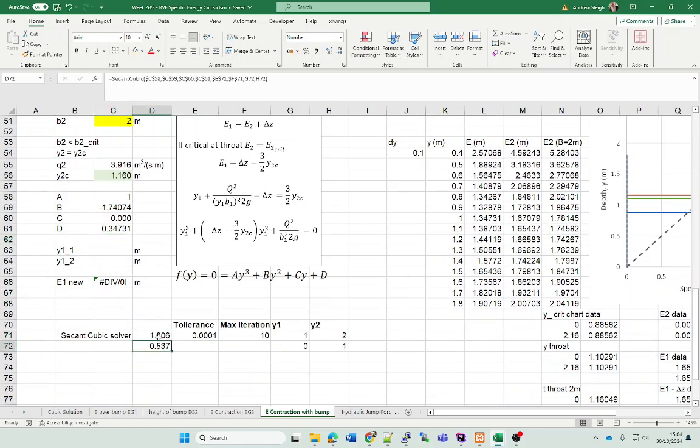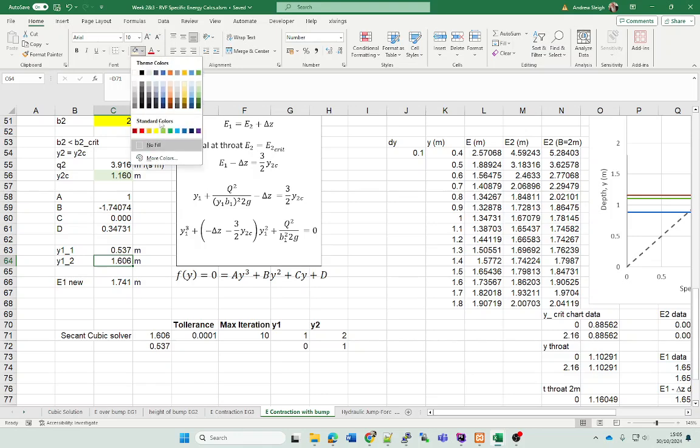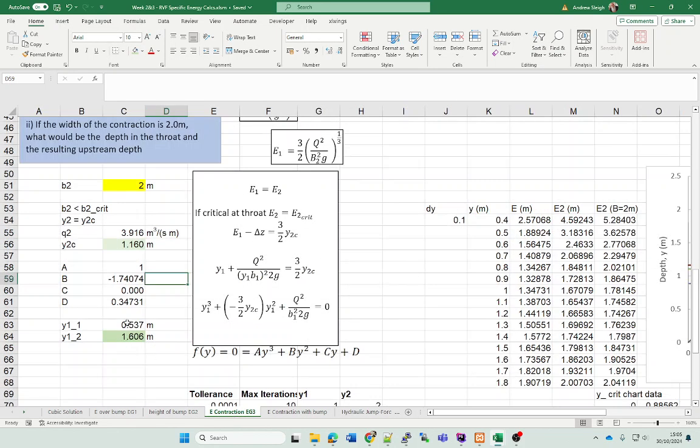And these are the two calculations that we got before. So I'm going to say that Y1 is the lower one, Y2 is the bigger one. So the energy at this point we can calculate based on the solution which we say is correct. And I'm going to put that in green. Okay, so this is exactly the same as what we had before.